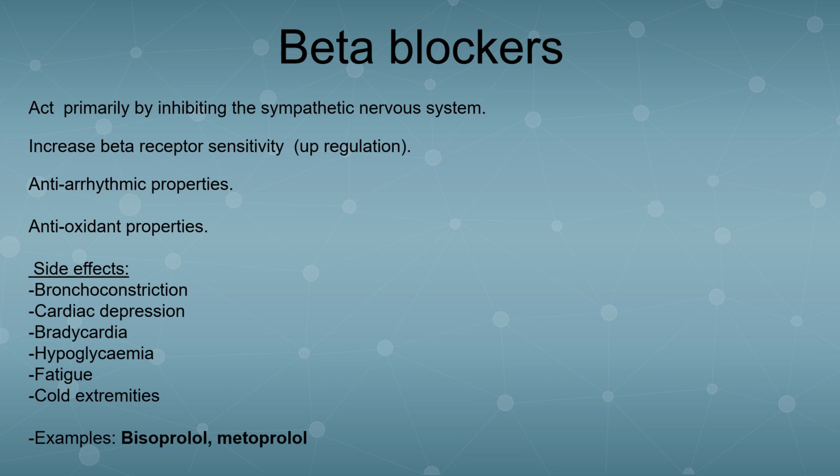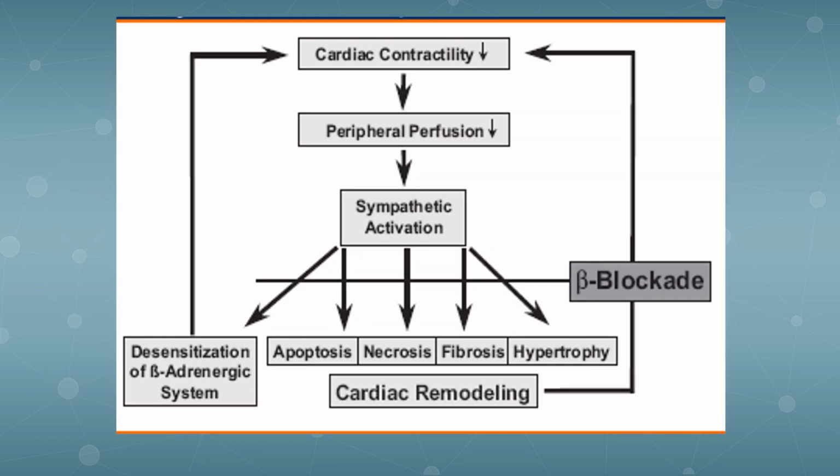Okay, so the examples of beta blockers used in CHF, the cardioselective beta blockers, are metoprolol and bisoprolol. Here you can see the cardiac contractility is decreased. So what will happen? The peripheral perfusion is decreased, and thereby there is sympathetic activation. Now once there is sympathetic activation, there will be desensitization of the beta adrenergic system.